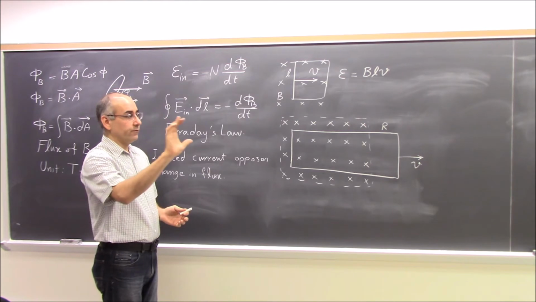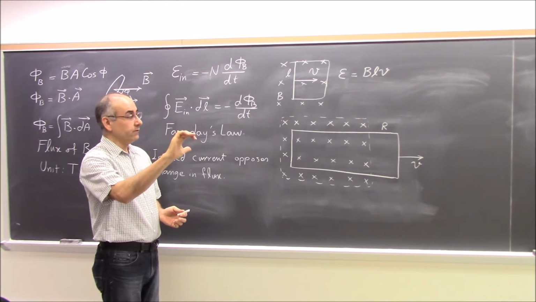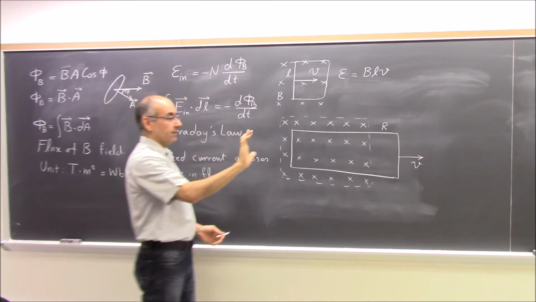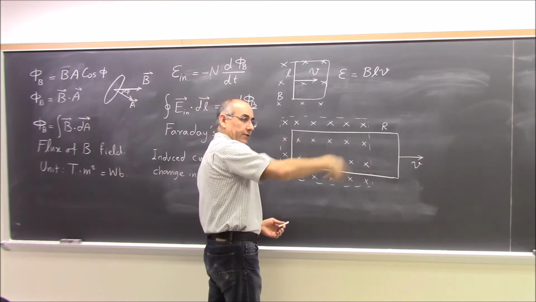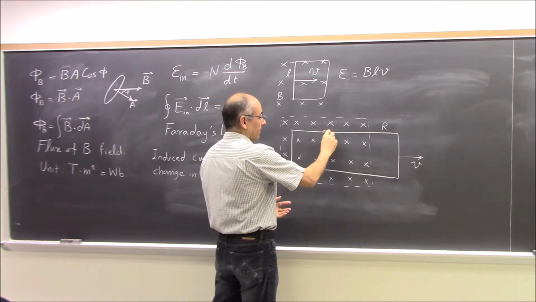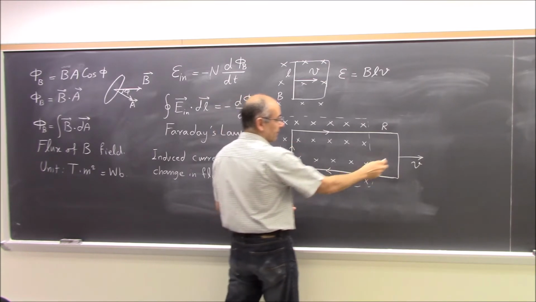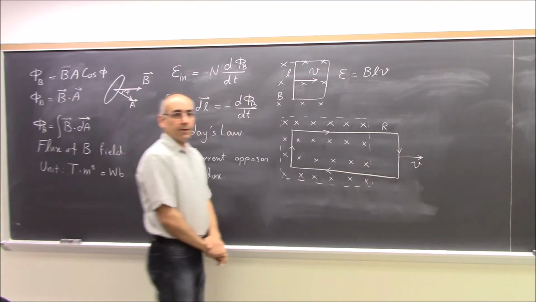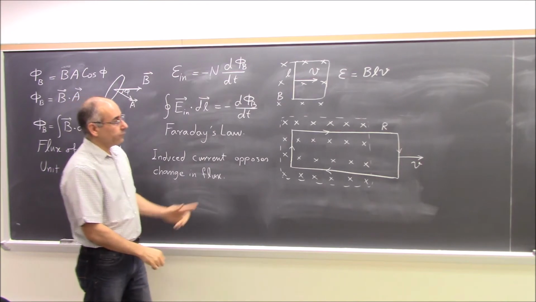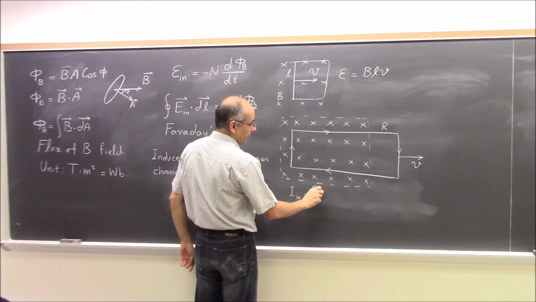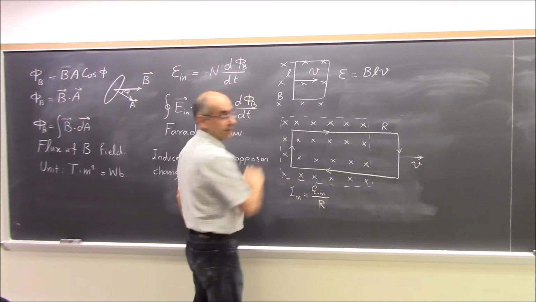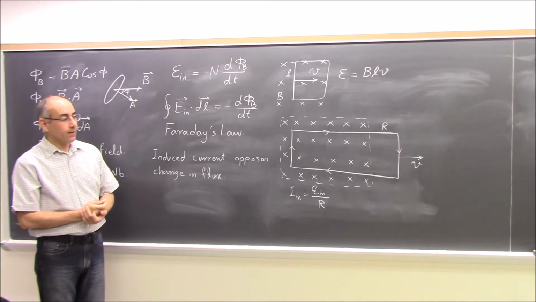If the field of the loop is into the page, then the current should be in this direction, clockwise. So it's like this, right? And the current will be the induced EMF divided by the resistance of the loop.